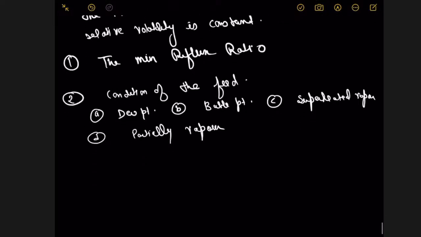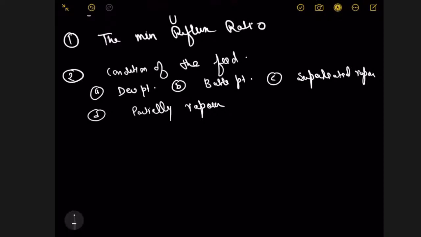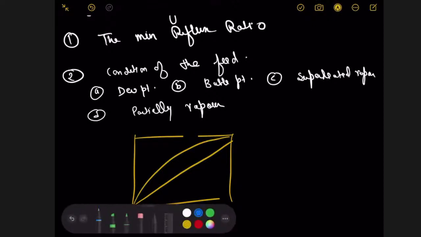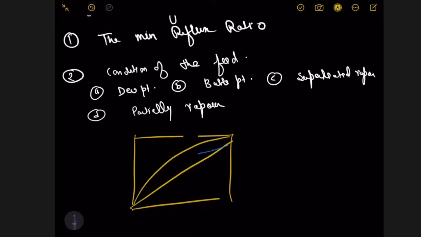Okay, let's solve. Here I will explain the concept also. Like this, it is a graph. So here you have a feed line. This is the distillate. The feed line will intersect like this. So we have to find out these coordinates.